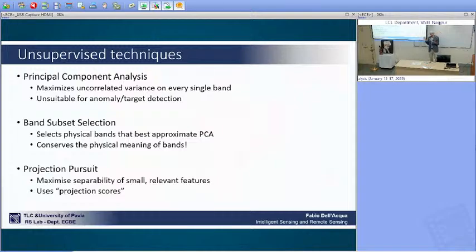Now, the situation here is similar. In unsupervised feature selection, you just have a standard approach to feature selection or feature combination, which is, for example, PCA, where you don't need to provide any input to PCA. You just run the PCA, and it works, and you get the new set of bands. And you have made the selection.